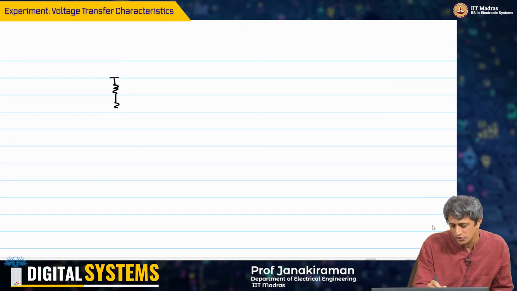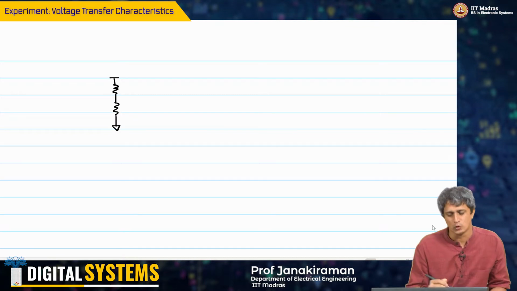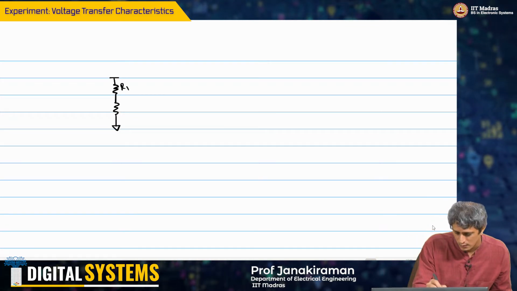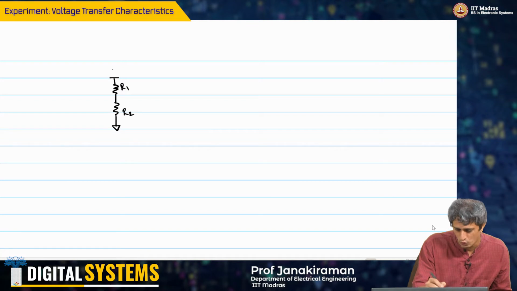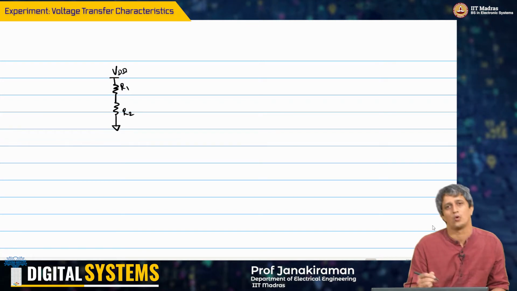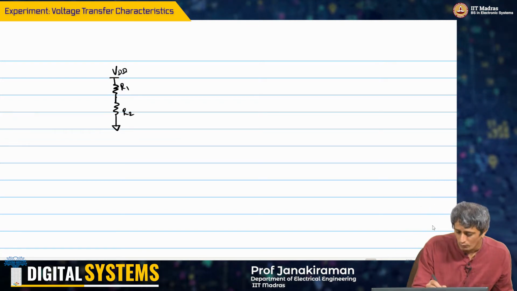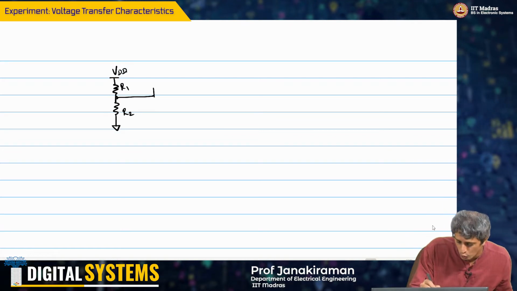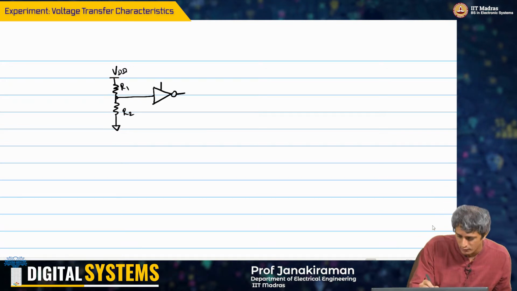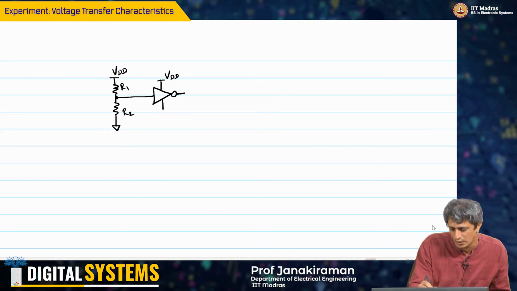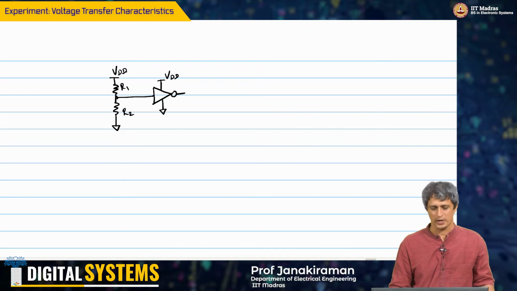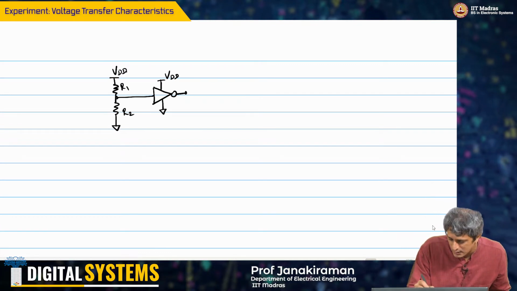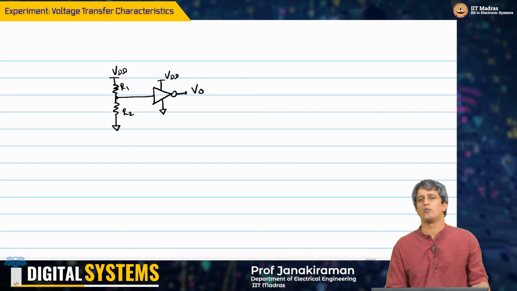So I have a voltage here, I have two resistances R1 and R2, this is VDD, and what I am going to do is feed this intermediate point to my inverter. The inverter has its own power supply which is the same power supply as I am giving to this resistor divider, and this output V0 is what we want to observe.